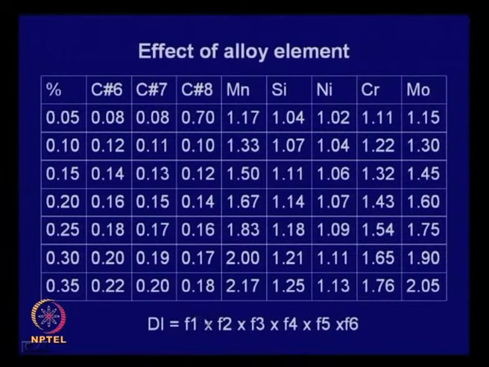Say the austenite grain size number is 8 and carbon content is 0.1, then the first factor F1 is 0.1. Then you check how much manganese it has. If it has 0.3 manganese, you multiply by F2, which is 2. Similarly, you find the factors for each of these and you get a value for Di.